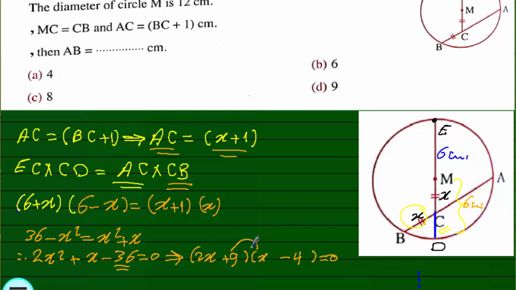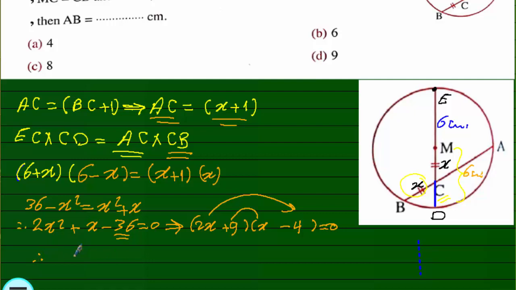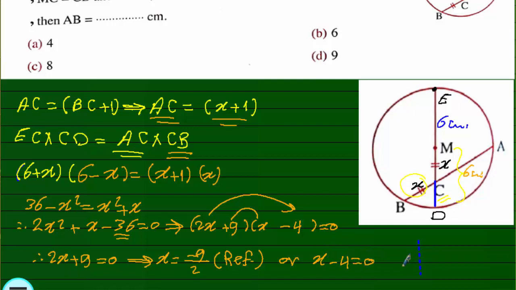And 9x minus 8x equals positive x. So 2x plus 9 equals 0. It means x equals negative 9 over 2. And this answer for x is refused, because x is a length of a line segment. Or x minus 4 equals 0. It means x equals 4.